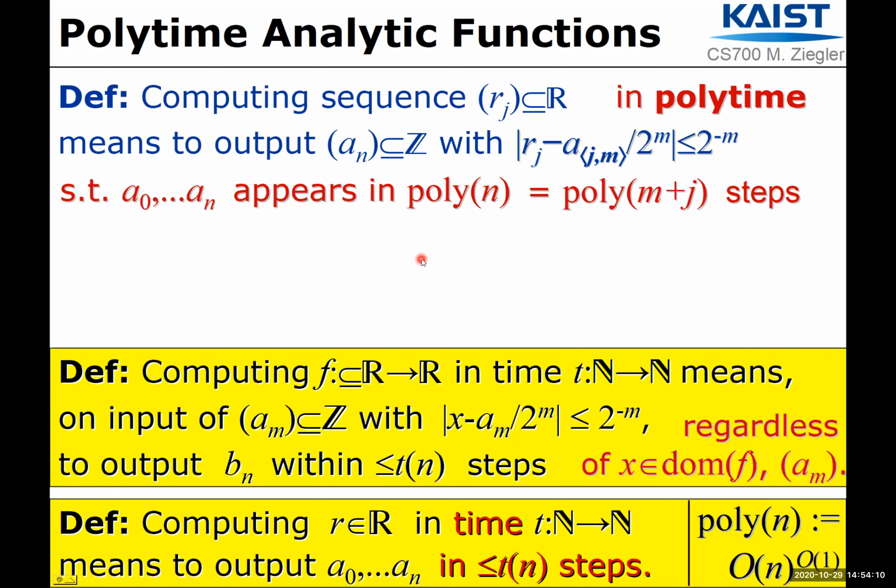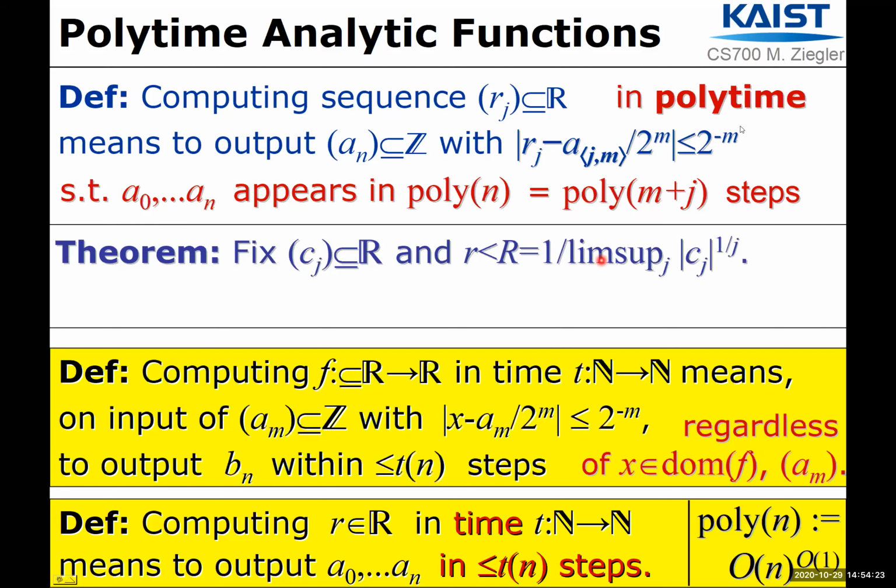So this is the definition of what it means to compute a real function as a transformation, and the theorem that comes in so naturally and beautifully says the following. We have a coefficient sequence Cj, and remember that capital R denotes its radius of convergence, right?